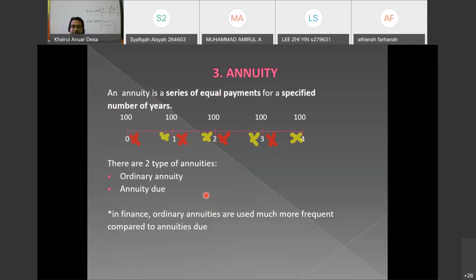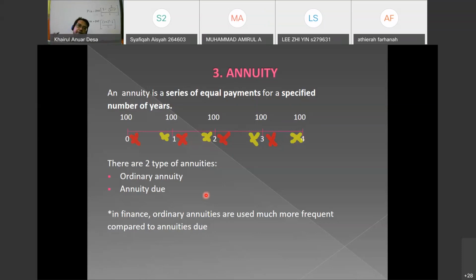Utilities bills such as water, electricity, Unifi internet, Astro, and so on. Normally we pay, biasanya kita buat bila? Biasanya kita buat 1 atau 2 hari bulan. Yes, rent payment, car loan. Normally we pay at the beginning of the period.